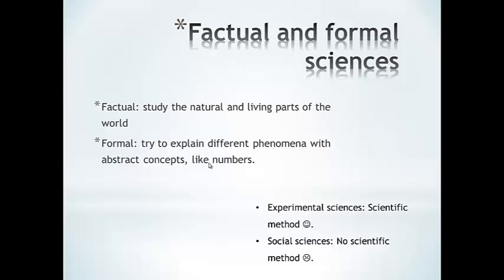And in the social sciences, the scientific method can be used because the social sciences study humanity, and we can experiment with them. But instead of the scientific method, there are a lot more methods that the social sciences use.